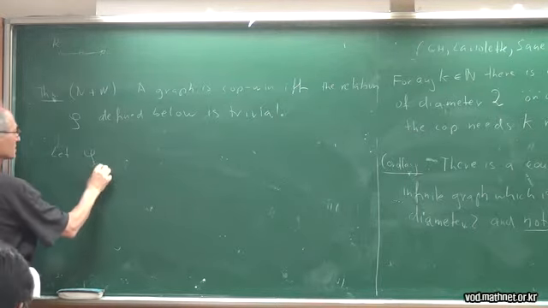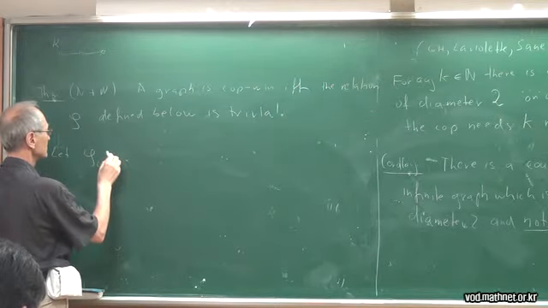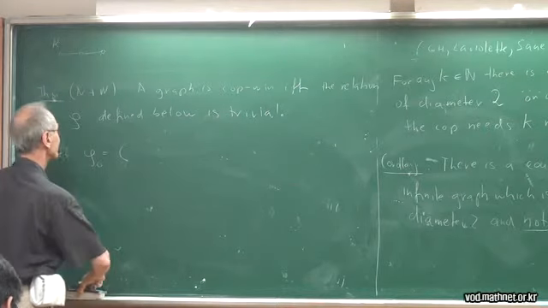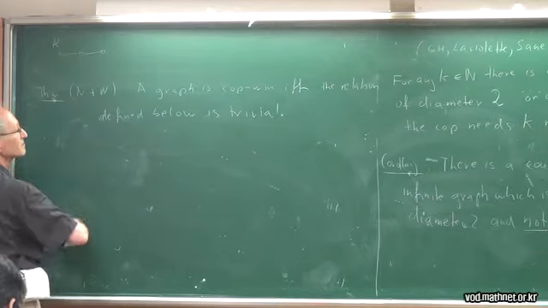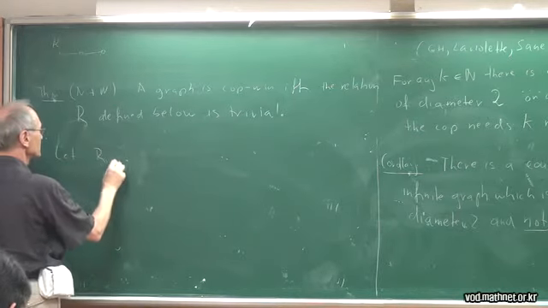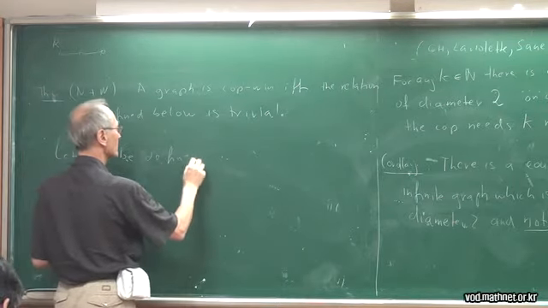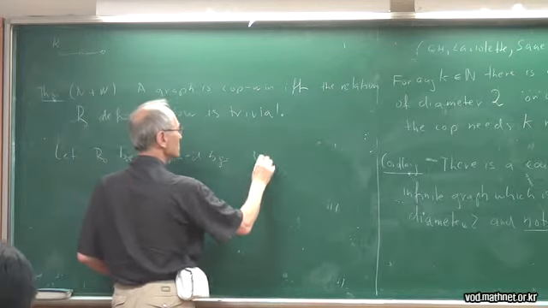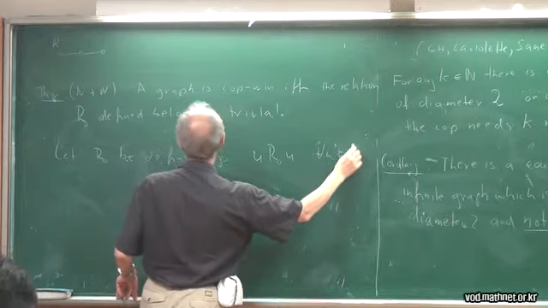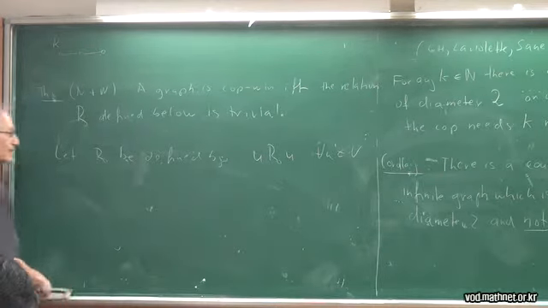Let me write it a bit differently. Relation R. Let R0 be defined by u R0 v if u equals v, where u is in V, the vertex set of the graph.